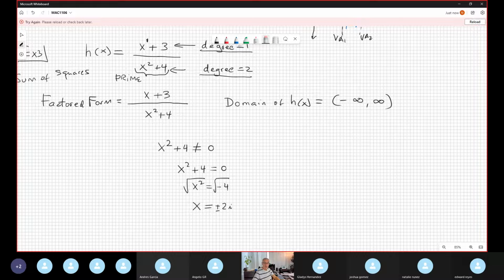Okay, so we have no asymptote in this problem. When you are doing the graph of this, maybe it looks like that. This is the x-axis, with no asymptote.